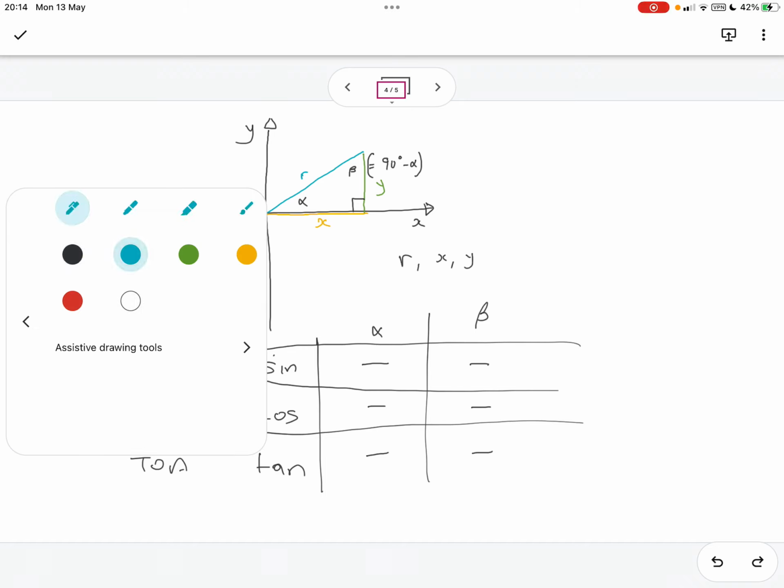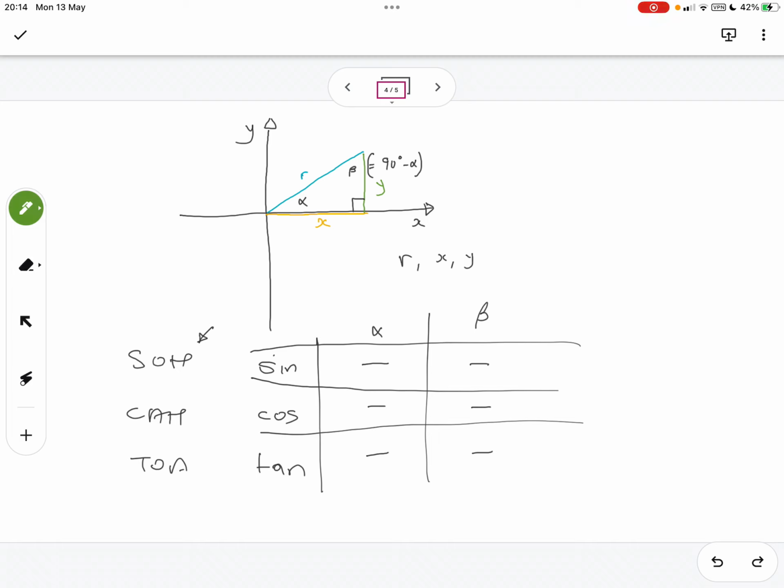Sine alpha would be which side over which side? I'm asking, if we're looking at the angle alpha, which sides do we use to define sine alpha?